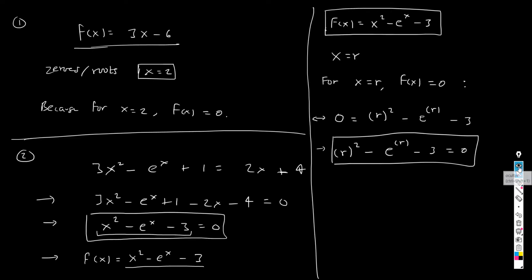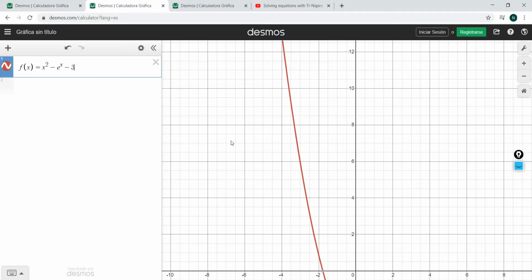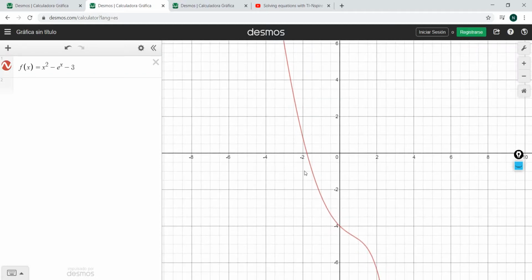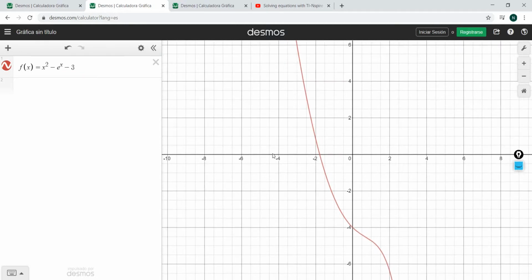Minus 3. Okay, if we can see, the function looks kind of weird, but the function crosses the x-axis at this point. So this is the root or the zero for this particular function. The zero is minus 1.78. This is the root, guys. This is the zero, minus 1.78.